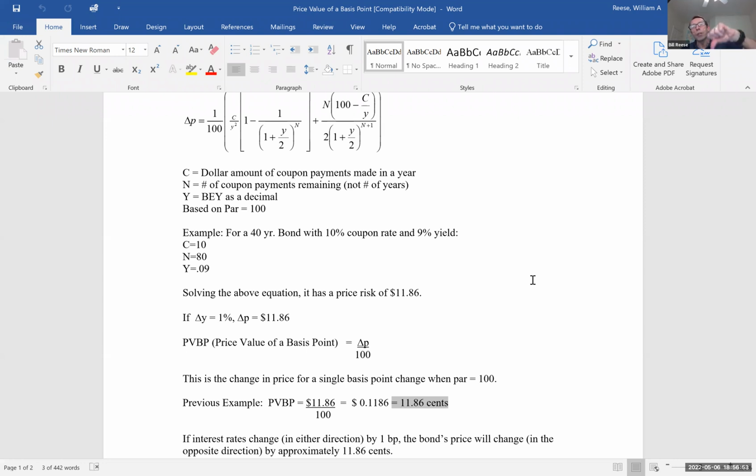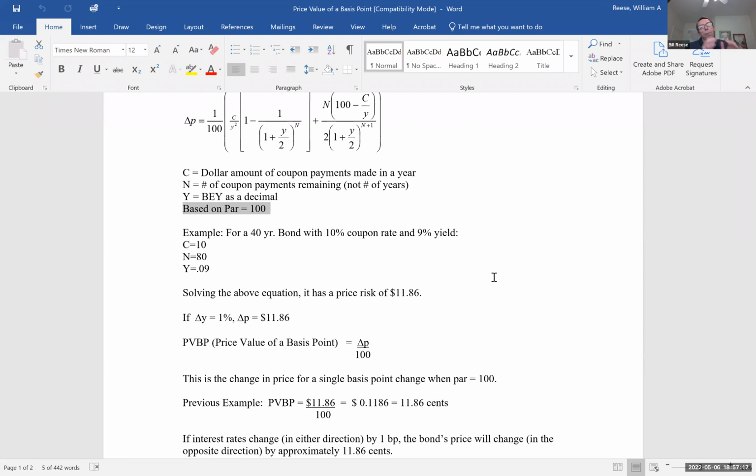If interest rates go down by 1 basis point, the price of the bond goes up by 11.86 cents. What does that mean? Well, remember, this is for a par value of 100.